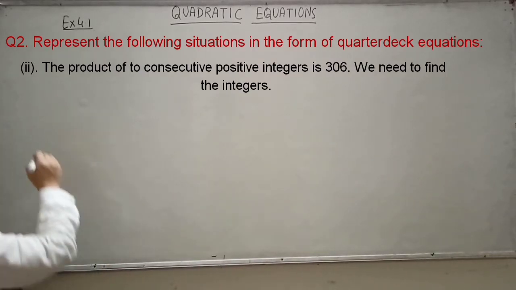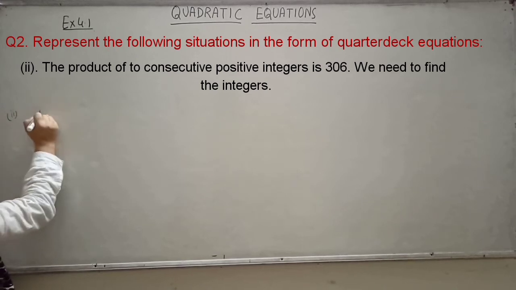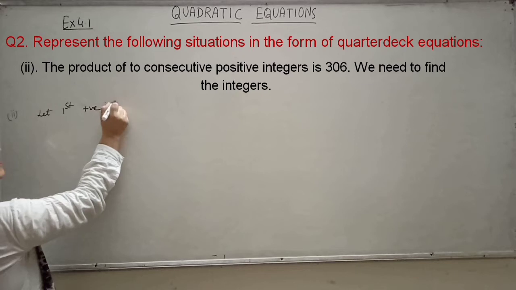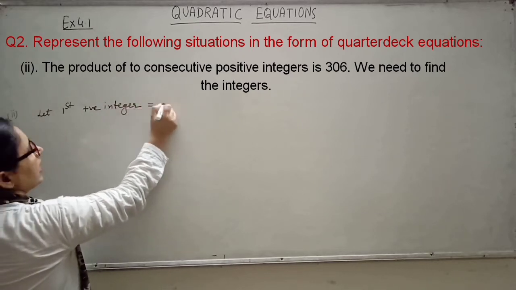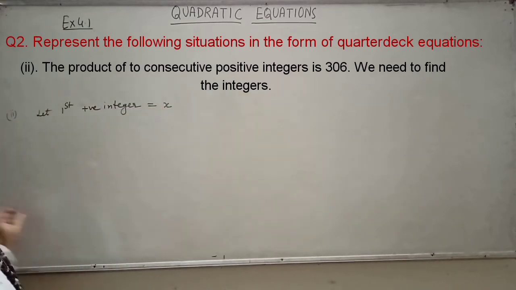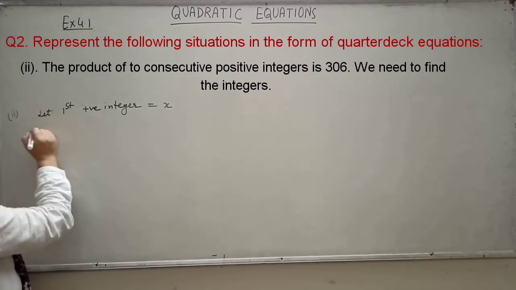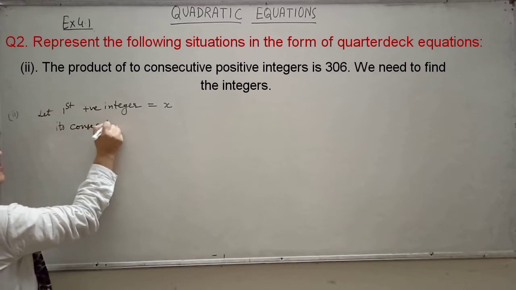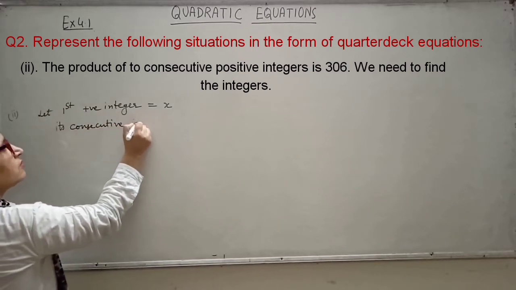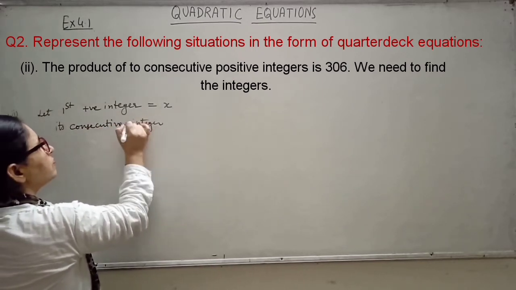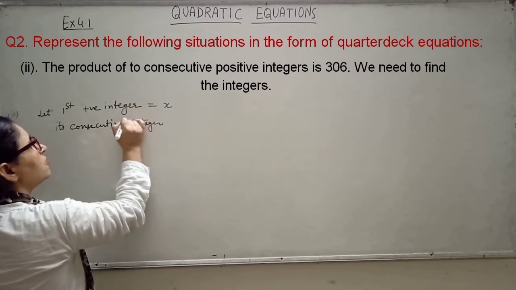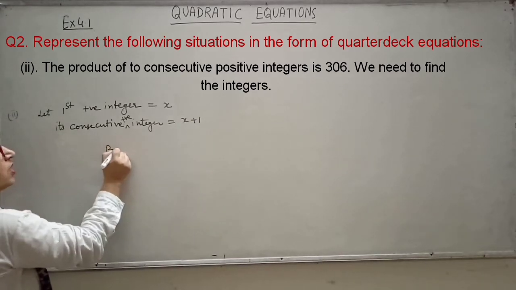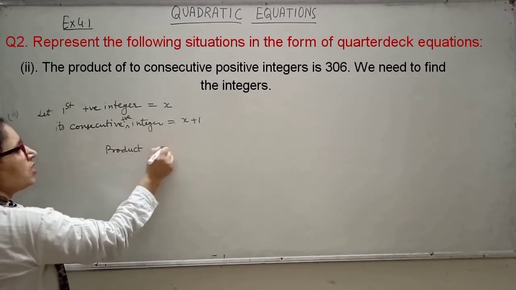So let, this is part 2, let first positive integer is x, then its consecutive positive integer will be x plus 1, and product is given to you.